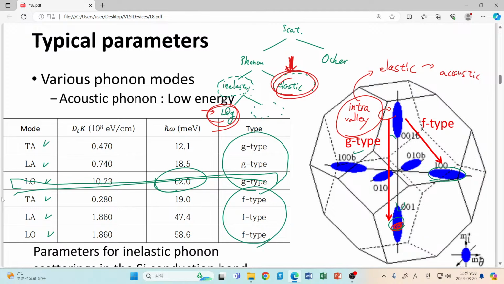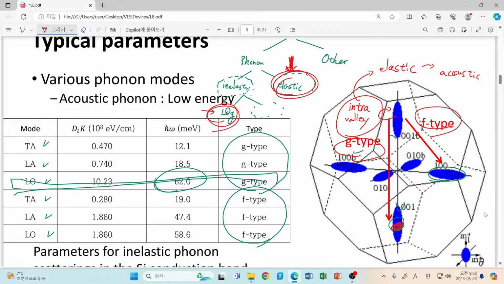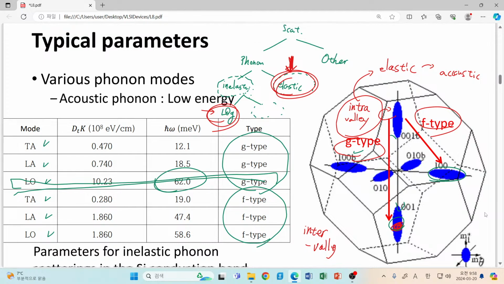Now we can think of 2 other types called G-type and F-type. Both of them are characterized as interbelly scattering. Here interbelly means that it starts from one belly and moves to another belly, and depending on the final destination belly, we can divide them into 2 different ways, G-type and F-type.